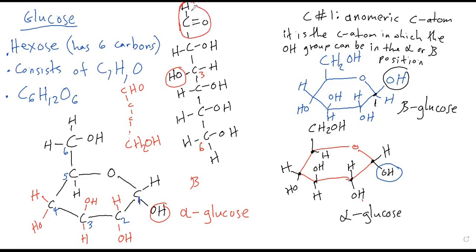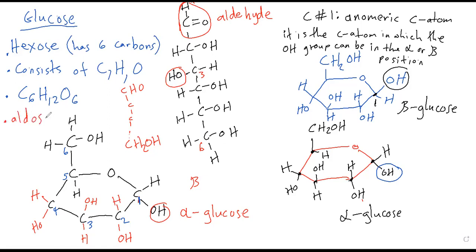The next thing I want to highlight is this group here, CHO. That is an aldehyde group. All right. From chemistry, it is an aldehyde group. So because it has an aldehyde group, glucose is referred to as an aldose sugar.